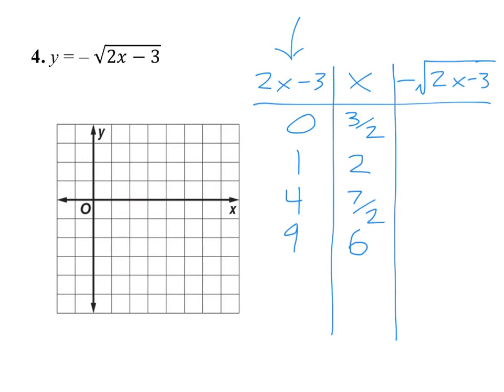So now for the y column, we're going to take the right column, square root these numbers, and then put a negative sign on it. So you square root and multiply by -1: 0, -1, -2, -3.